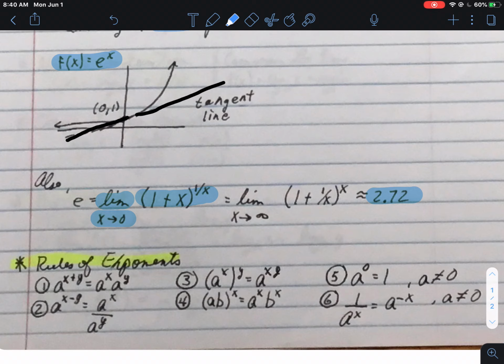That's the number e. This is something you can do on your calculator. If you put this expression into your y equals editor, and then go to your table and plug in values for x that are getting smaller and smaller. When we say getting close to 0, I would plug in numbers like 0.1, 0.01, 0.001, that kind of thing, and see what values you get out of this. And you're going to see pretty quickly that they're approaching 2.72.